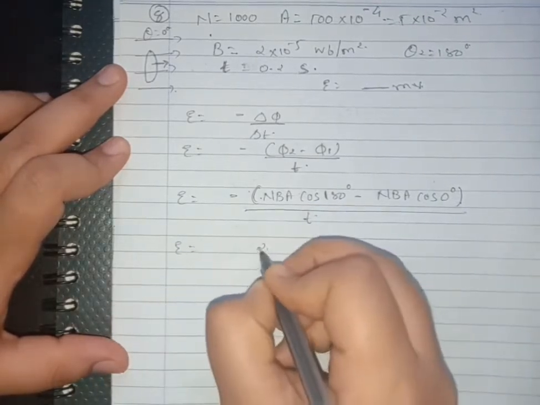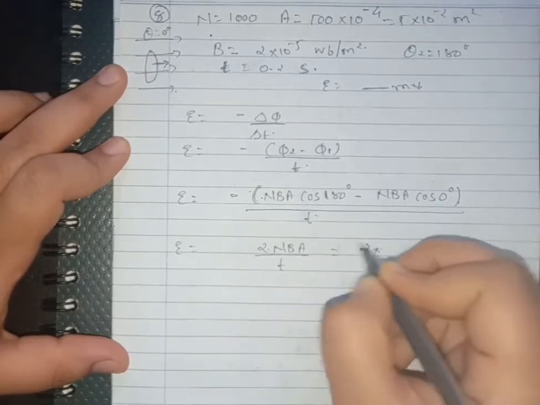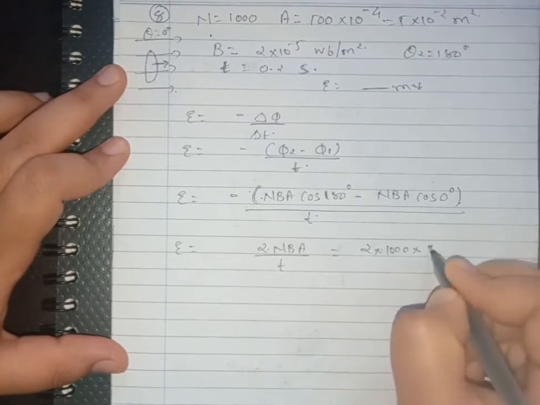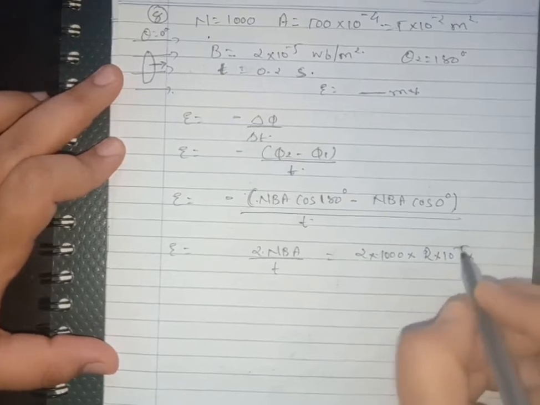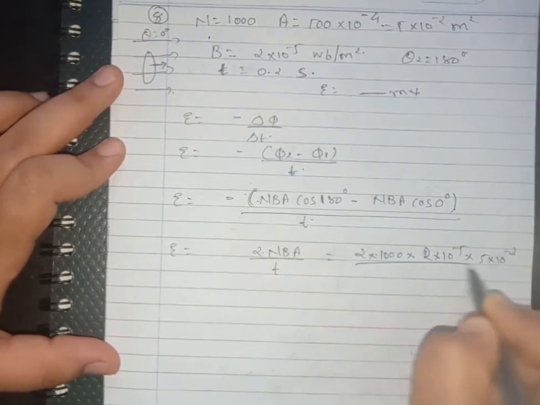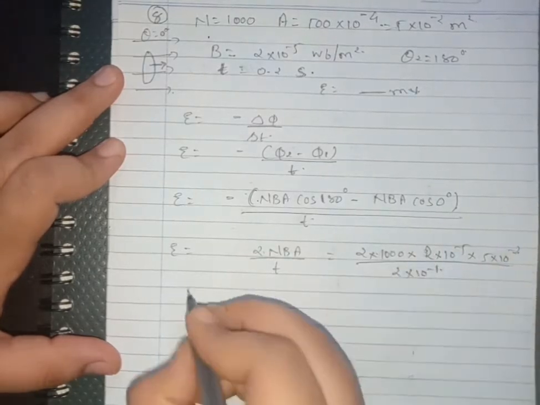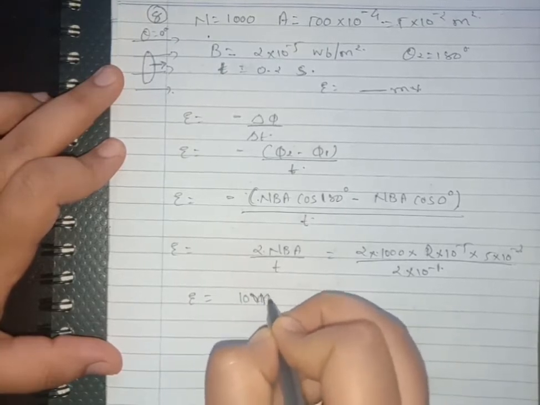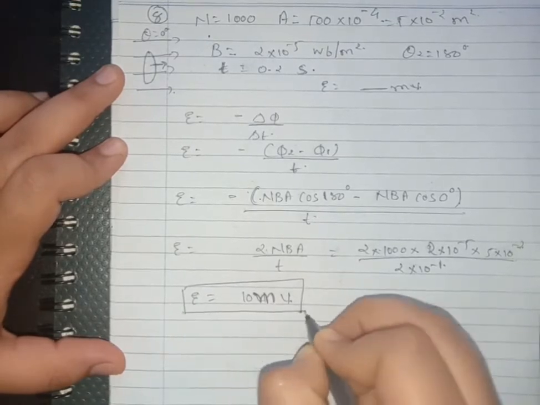So EMF will be 2NBA divided by t. Number of turns is 1000, into B which is 2 × 10^-5, into area 5 × 10^-2, divided by time which is 2 × 10^-1. So EMF will be 10 millivolt. So option 2 is the correct option.